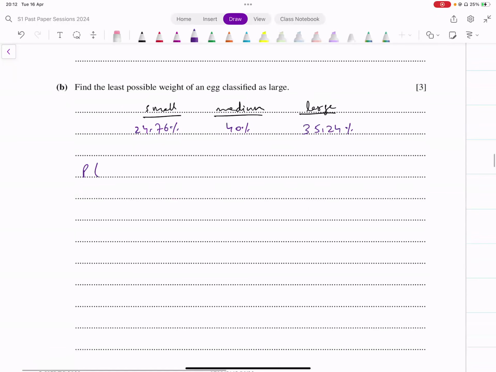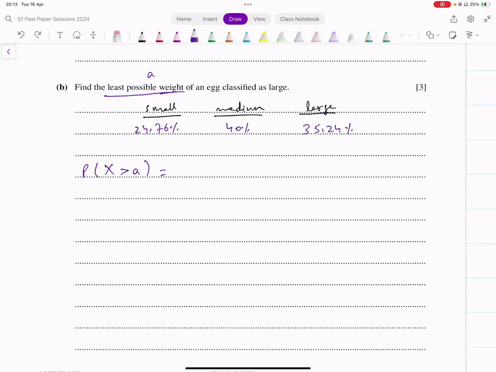Now, let's say x is the weight, probability of x greater than this value, let's call this W. Or, something to confuse you, let's call this A. Least possible weight, we're saying this is A. Probability of x greater than A. If A represents the least possible weight for it being a large egg, what's that probability? That probability is this, 35.24%.